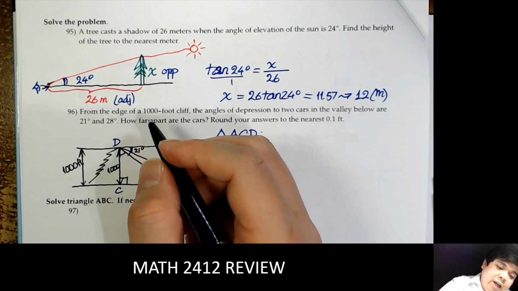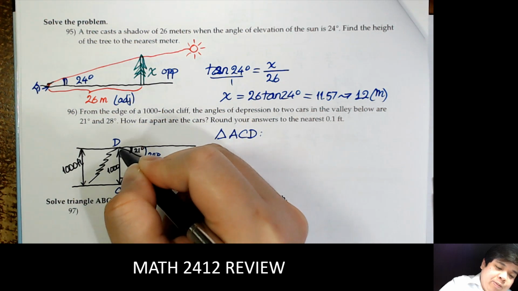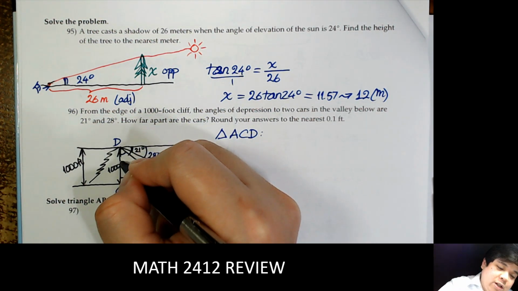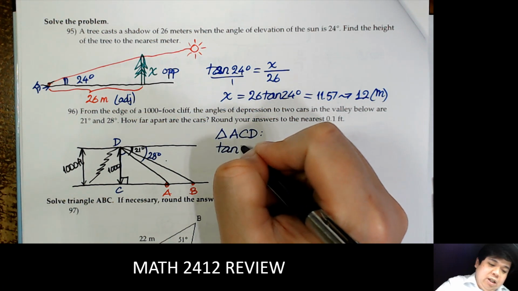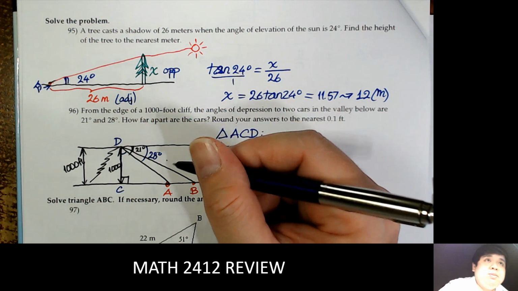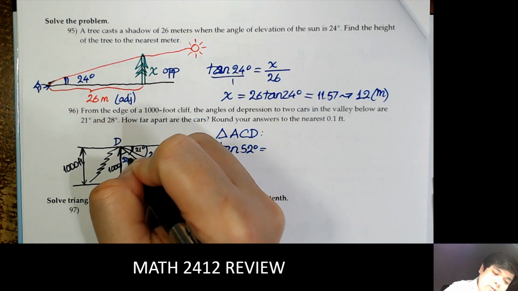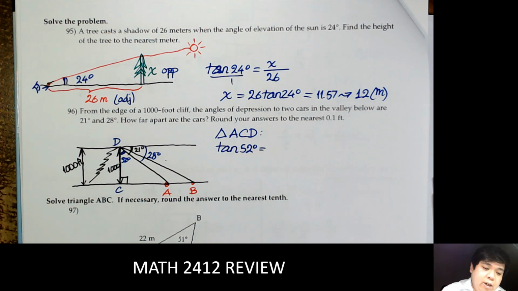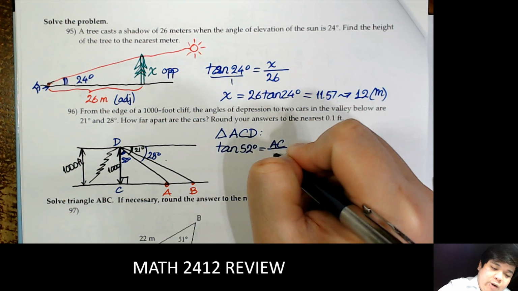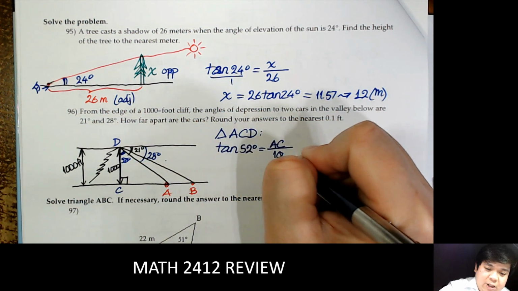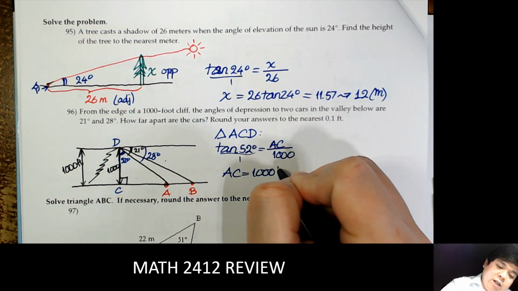Now if the big angle is 28, then we have adjacent and opposite, so that will be tangent of angle D, which is 90 minus 28, 52, equal to opposite, which is AC, over adjacent 1,000. Write that over 1 and cross multiply: AC equals 1,000 tangent of 52 degrees.